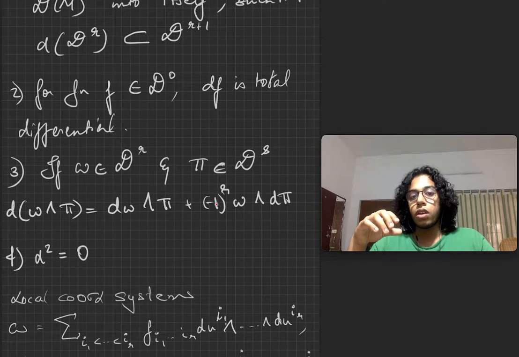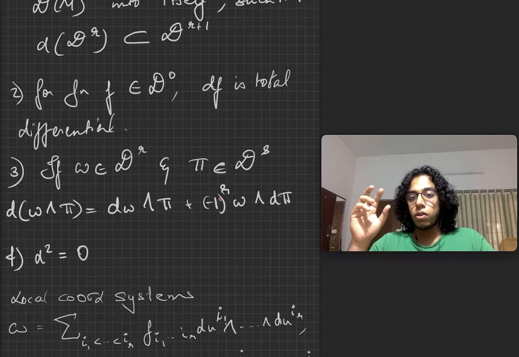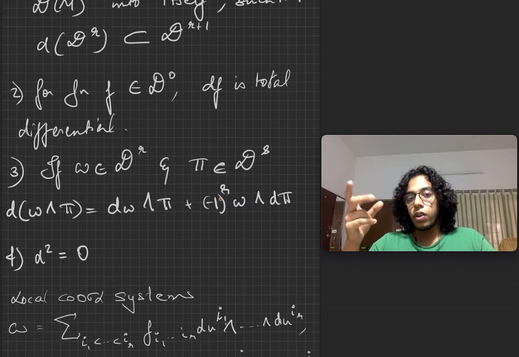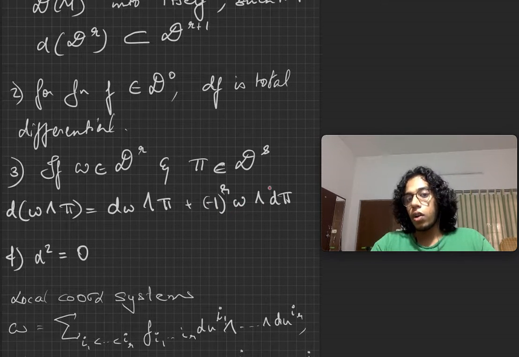This is basically a flip between the positive and negative sign for even and odd forms. So based on the rank of your form, you have the sign associated to the second term, that is omega wedge d pi. So this is basically acting like a chain rule itself.